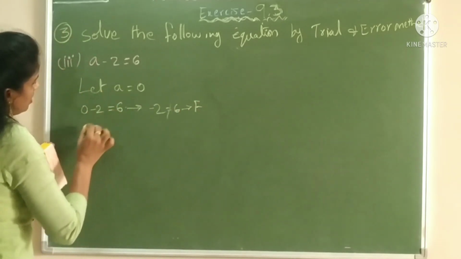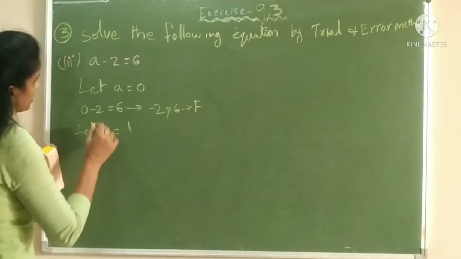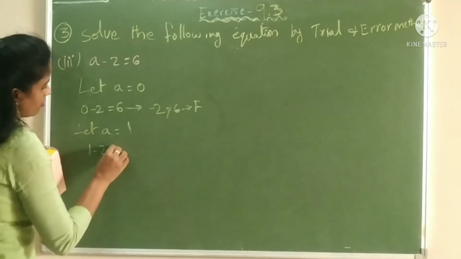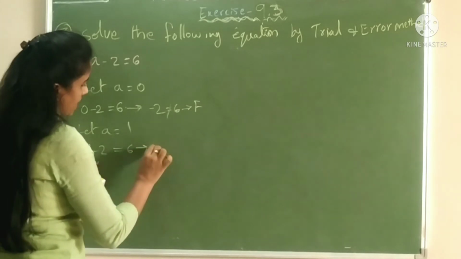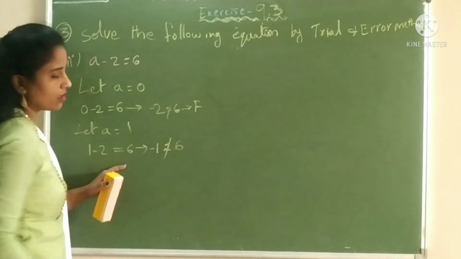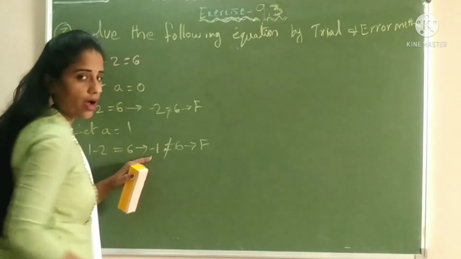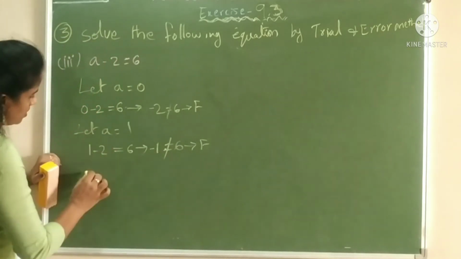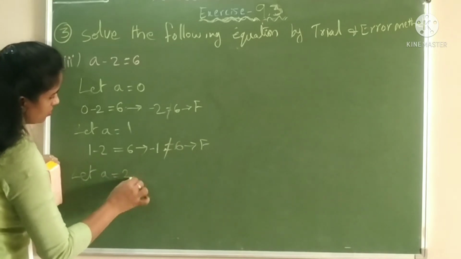Again, let a is equal to 1. Then 1 minus 2 is equal to minus 1, and minus 1 is not equal to 6. So this is also false. Again, let a is equal to 2.